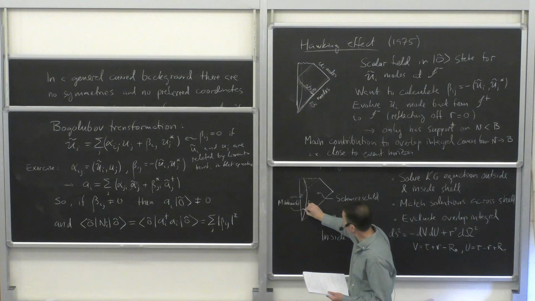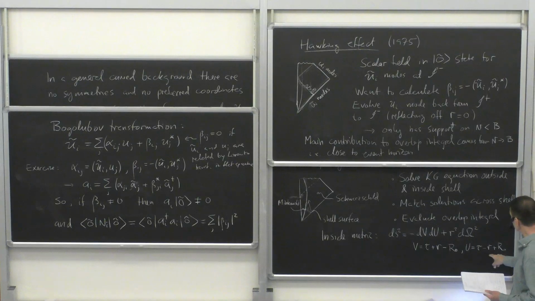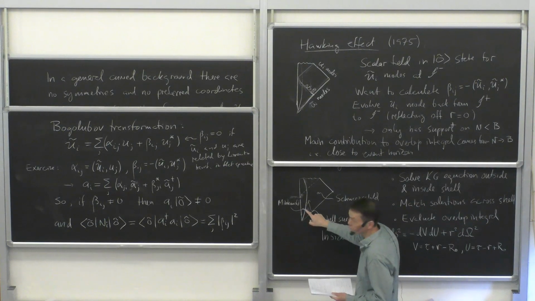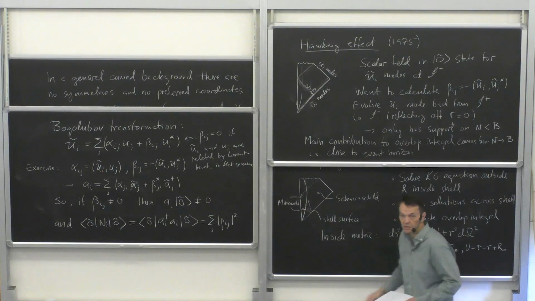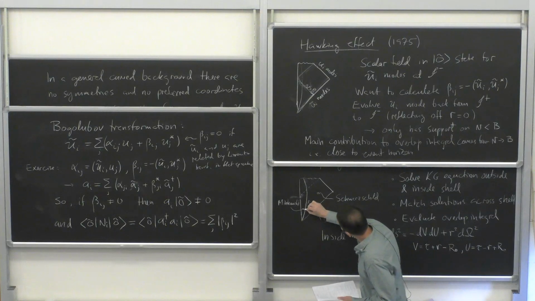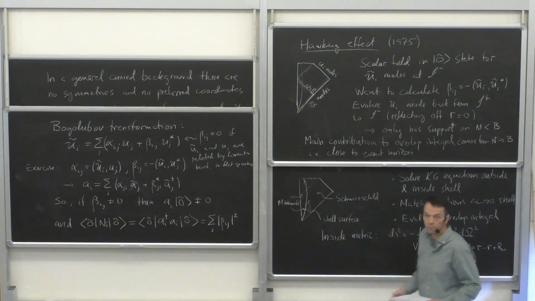This will be r equal to capital R0. That means that my VU coordinates refer to that location, instead of, as normally when I defined them, I would have used this as my reference. Instead, I'm just choosing this point as the reference. And the point is that I'm going to do that also on the outside. This is a point that's common to the outside solution and the inside solution, so I'm going to make the same choice. So the origin is in the same place for both of them. That's all.